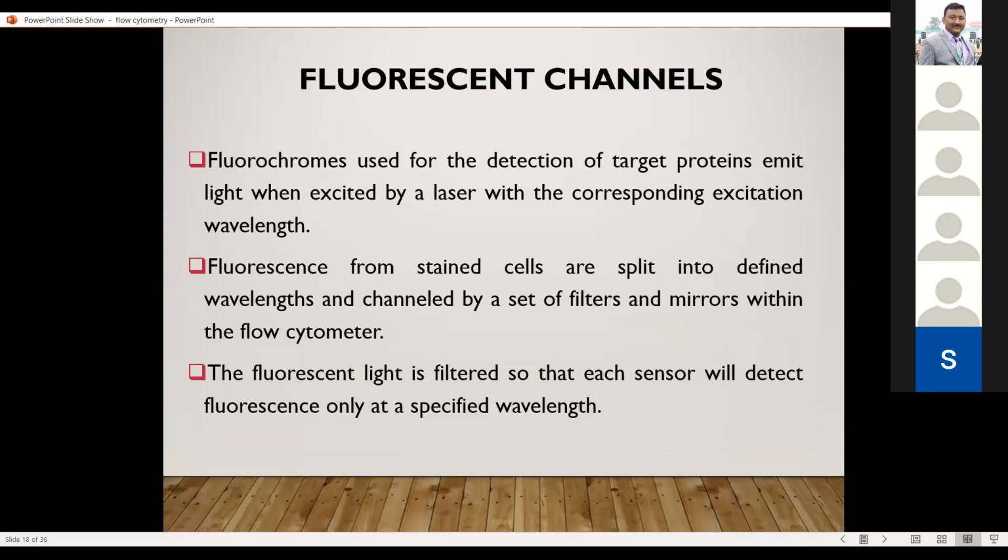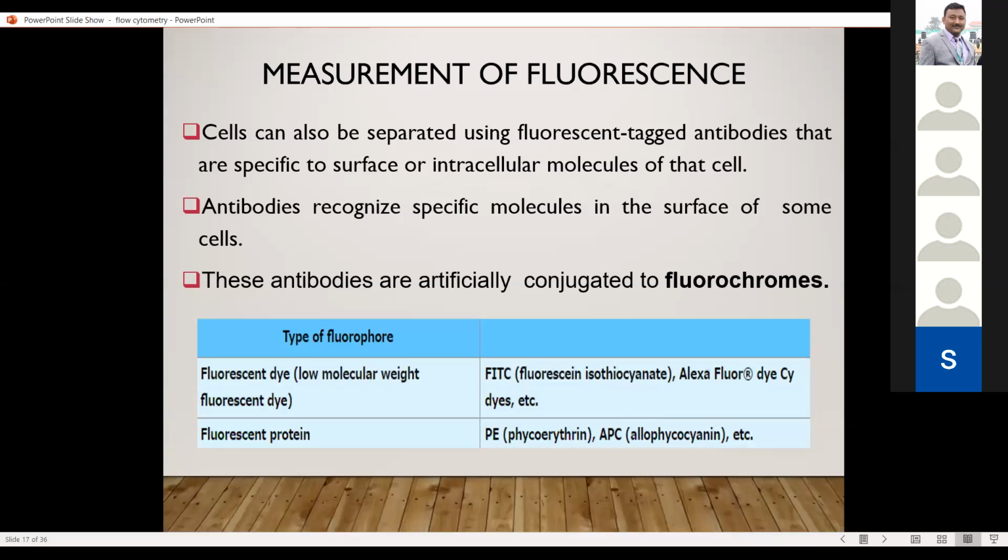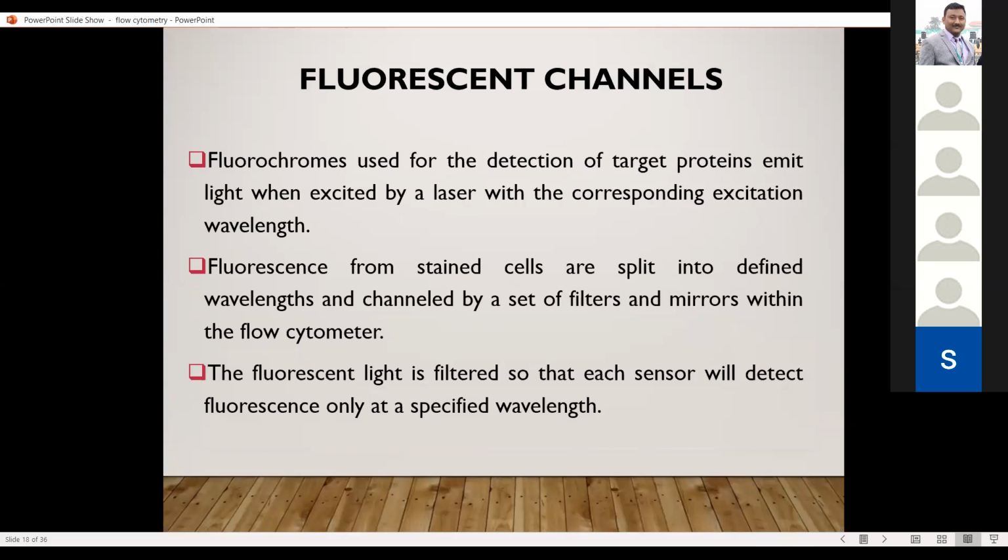Fluorescent channels. As I have already told you about forward scatter and side scatter, the fluorescent molecules we are using, the fluorochromes used for detection of target protein, emit light when excited by a laser. When these fluorescent molecules are conjugated with antibodies, they bind to the specific antigen present on the cell molecules which we are interrogating.